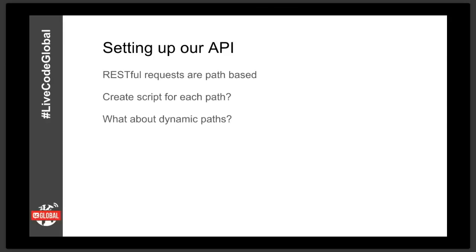So do we want to create a specific script for each path, or what about dynamic paths? These are ones which change each time. So those are ones which have, for example, the ID of our notes. That's going to be different for each note. We can't create a file on the server that will handle that path for each individual note. That doesn't really make any sense.